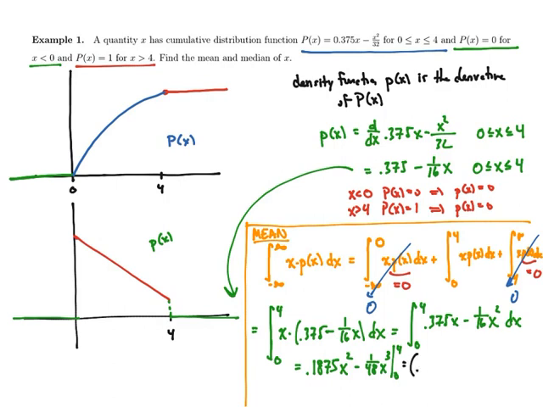We plug in the bounds, 0.1875 times 4 squared minus 1/48 times 4 cubed, and then minus plugging in 0, but that's all going to zero out, and we will get a mean value of 1.67, or 1 2/3, which is going to be 5/3.